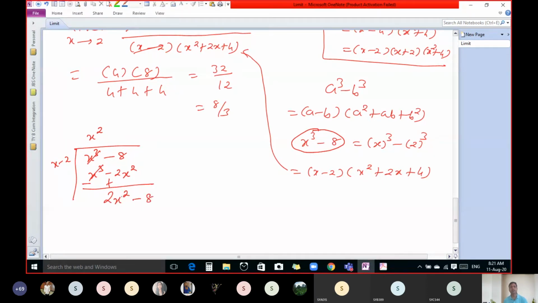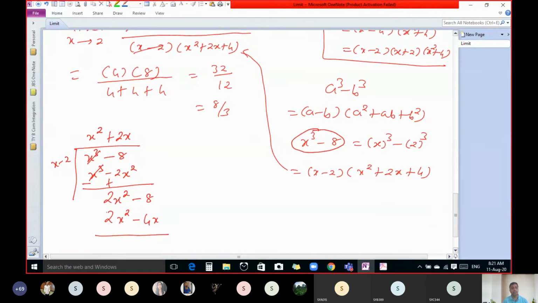Once again, first term divided by first term, 2x square divided by x, we get 2x. So multiplied by 2x, we get 2x square minus 4x.